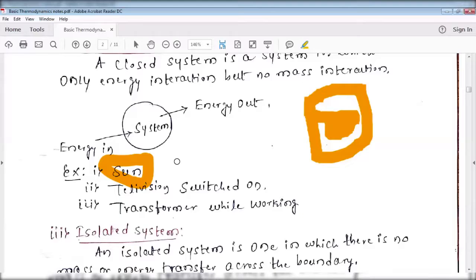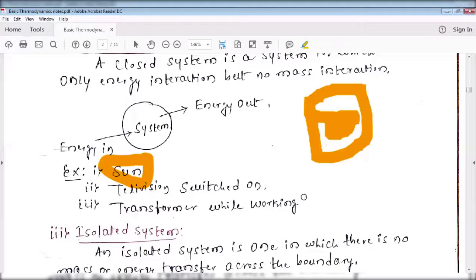Next best example is a transformer while working. Many of you have seen the transformer on the road. The transformer is placed in a fixed position. It is not moving. But there is an electrical energy transfer from the transformer to different places.